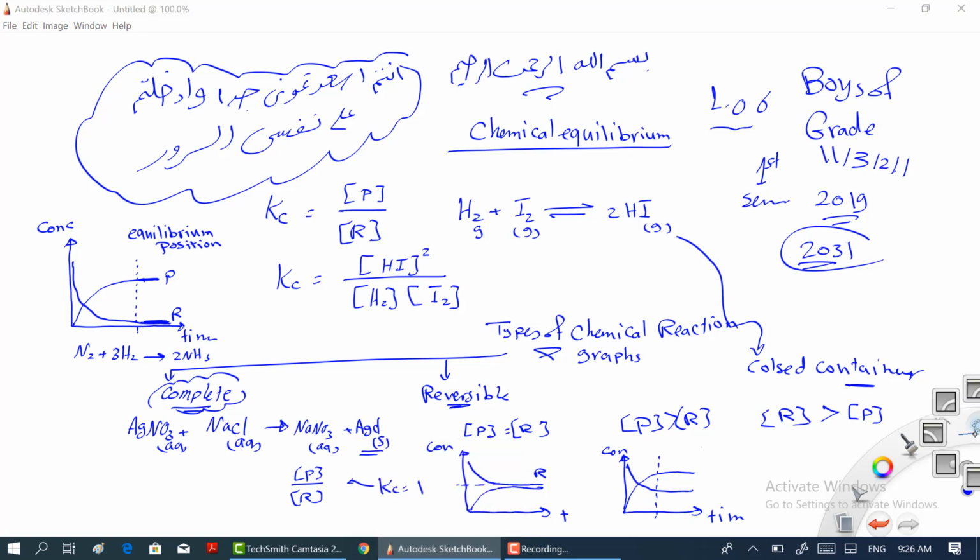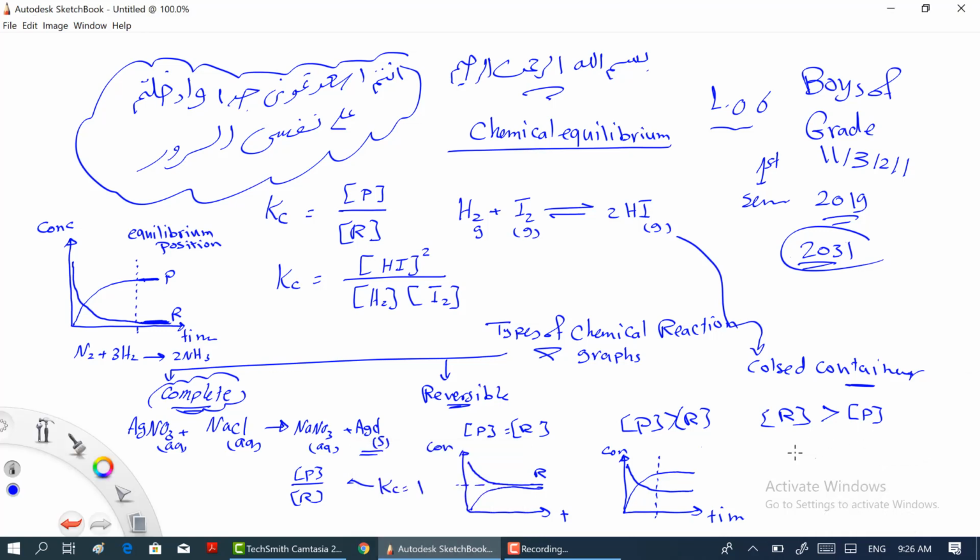But in the case of the reactant being greater than the product, we'll find that the reactant decreases and the product increases, but at this point the concentration of the reactant is still greater than the concentration of the product, as in the example of nitrogen gas with hydrogen.